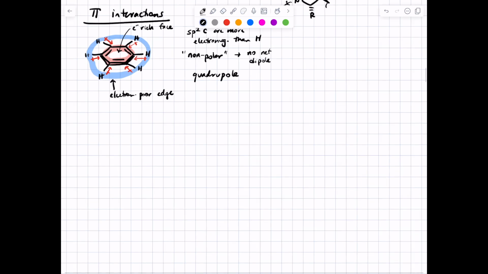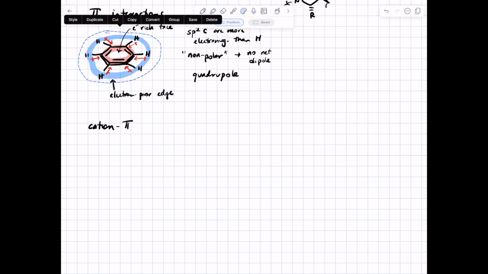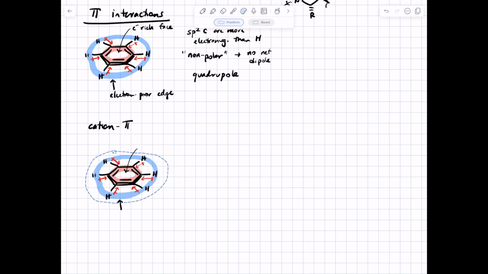Classic example of this is called a cation-pi interaction. So let me just demonstrate with this drawing what that might look like. Imagine you have a potassium ion. I'm drawing it and we'll color it blue because it's positively charged. It's about that size.